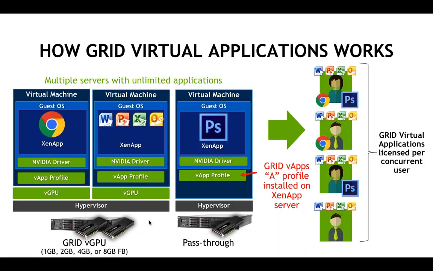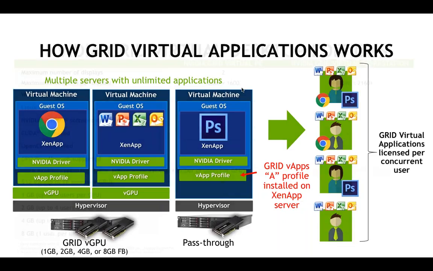We install that NVIDIA driver, and now we've got the ability to publish out our Chrome, our Office, our miscellaneous type applications with unlimited applications to any of our users. But we also have the ability to do pass-through if so desired. We can pass that GPU through. So it doesn't matter which way you want to get the GPU into your XenApp deployment. You can pass that through or use virtual GPU, and now we have the ability to deliver our applications out to any of our users that we so choose.